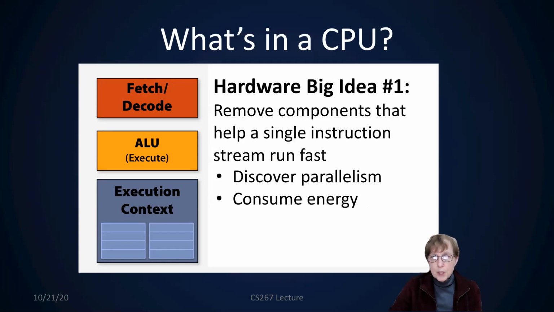So the first idea in GPUs is to really get rid of a lot of this complexity and the extra stuff here that was specifically designed to make serial code run fast.